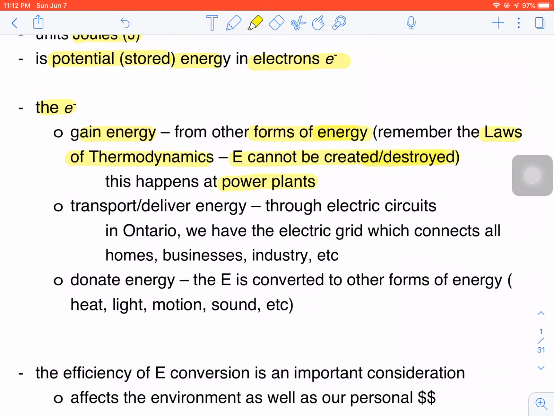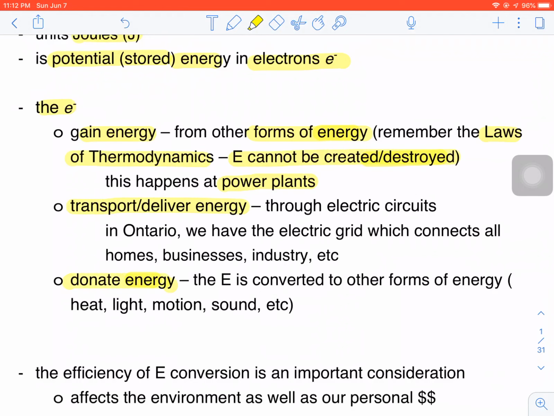Then what's going to happen is that, if you watch the video for nuclear power, the first part is making the energy for the electrons, or harvesting or collecting energy for the electrons. Then the electrons are going to bring it where they're going to go. And then the last part is the electrons are going to give their energy to something, whether it's a laptop charger, a cell phone charger, a light bulb, a toaster.